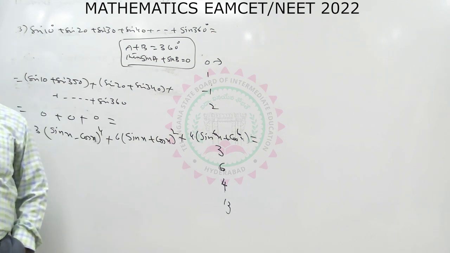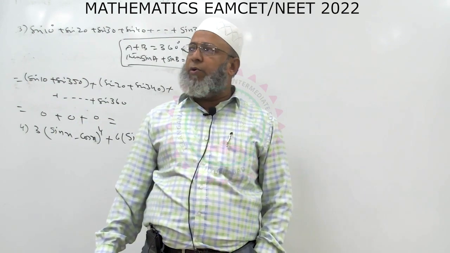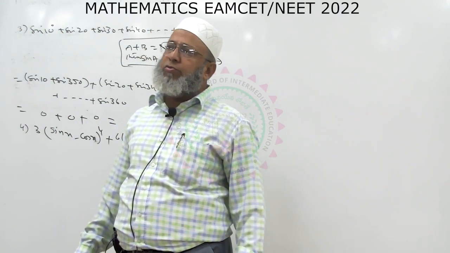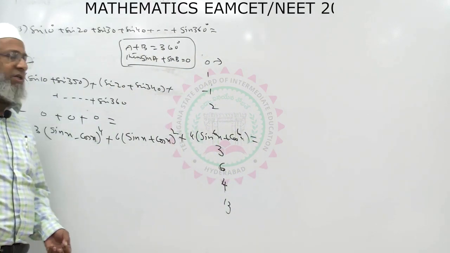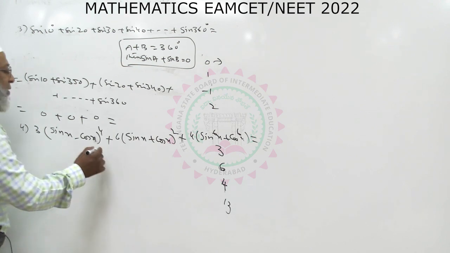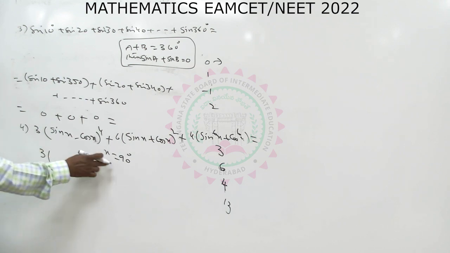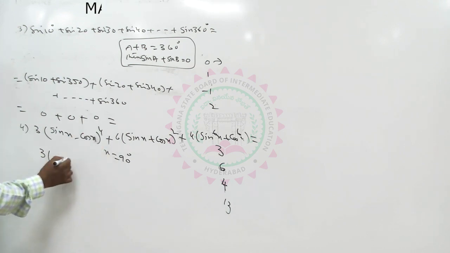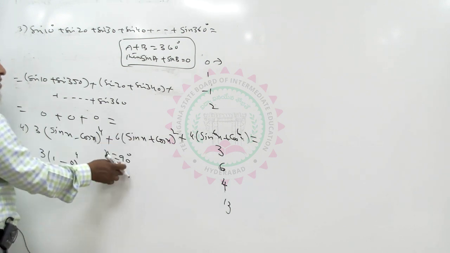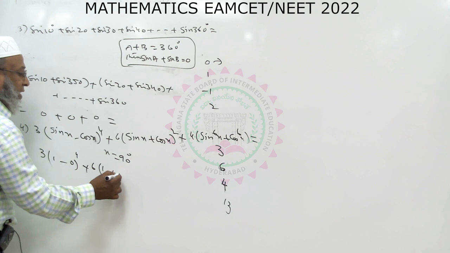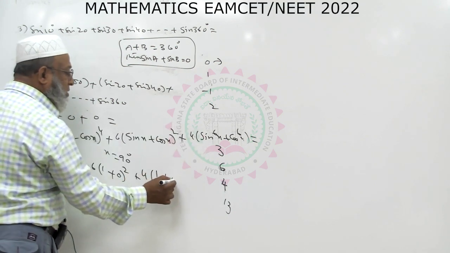So, we have solved this question in the usual method in intermediate, but here we won't follow that method. What we will do, we will put some substitution, some shortcut, so that this will come within seconds. Suppose if I put x equal to 90 degree, right? See what happened. 3 into sin 90 is 1, cos 90 is 0, plus 6 into sin 90 is 1, cos 90 is 0, plus 4 into sin 90 is 1, cos 90 is 0.